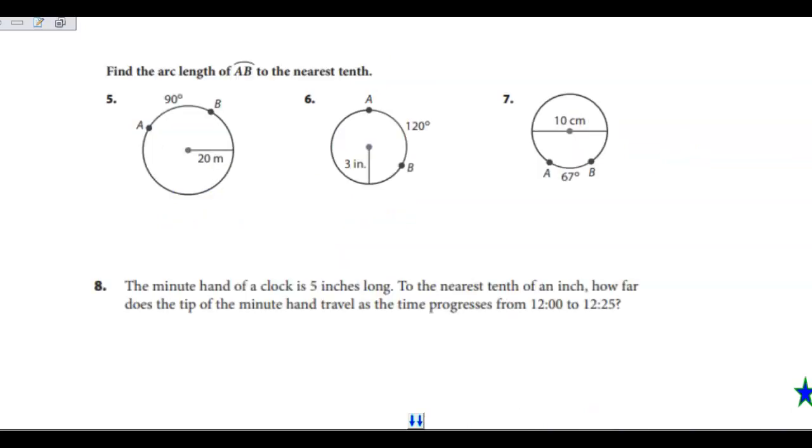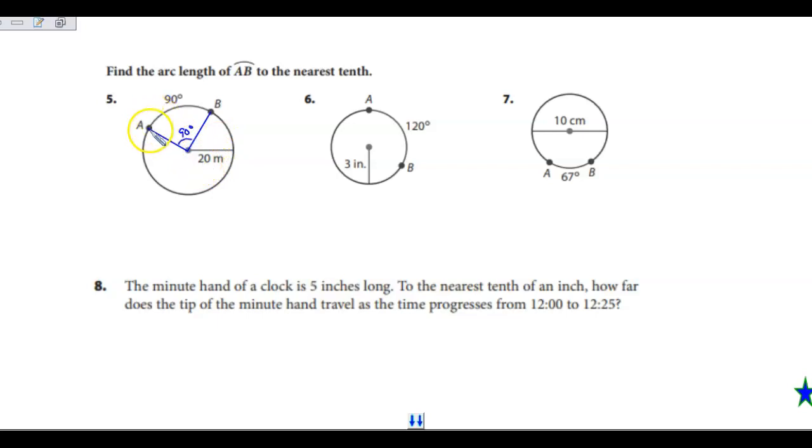All right, number 5 says find the arc length of arc AB to the nearest 1/10. And so what I like to do, and it just helps me visualize, is to draw my arc or my angles. So this is 90 degrees.